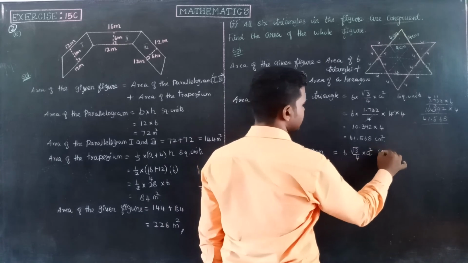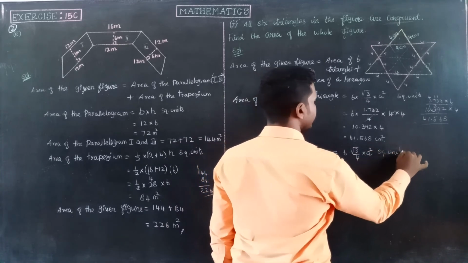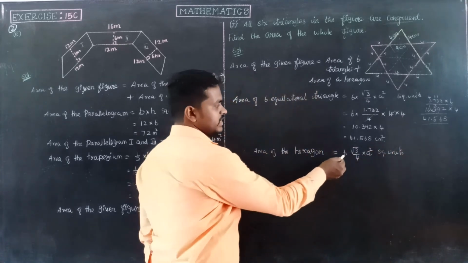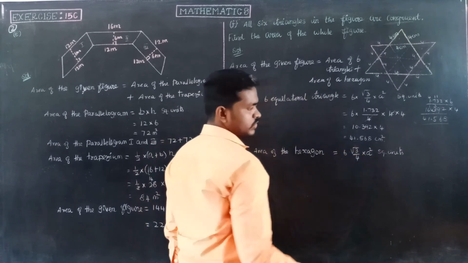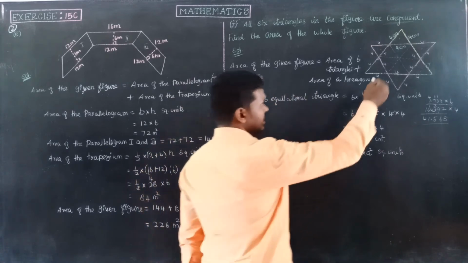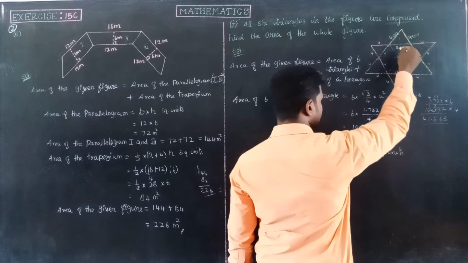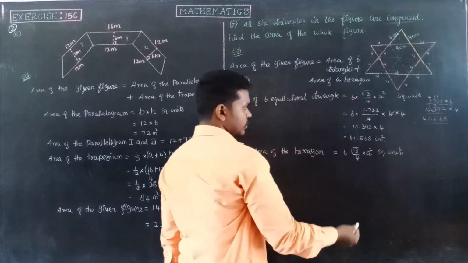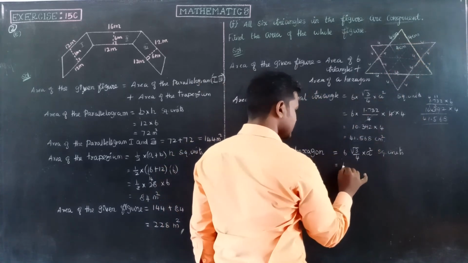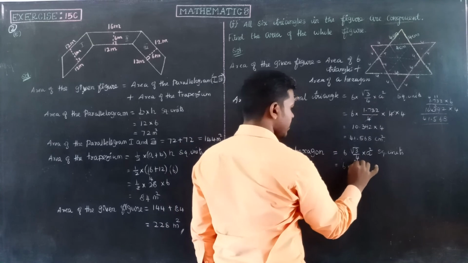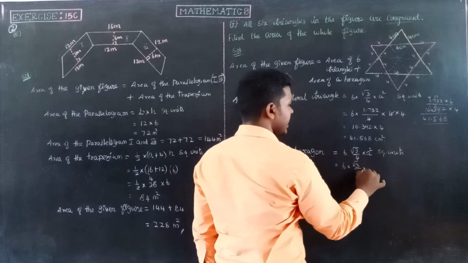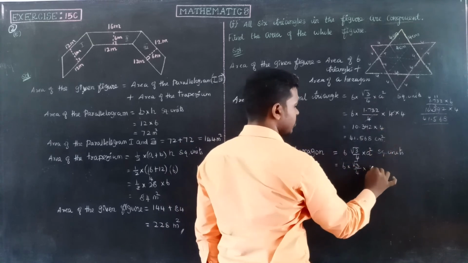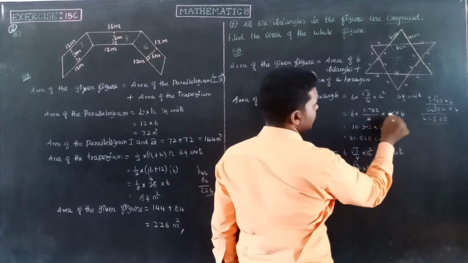The same answer will come, right? So the formula for the area of 6 equal triangles is 6 into root 3 by 4 into a square. Because when the opposite vertices of a hexagon are joined we get 6 equal triangles. The side is 4, so a square is 4 square. We have already done the same thing.